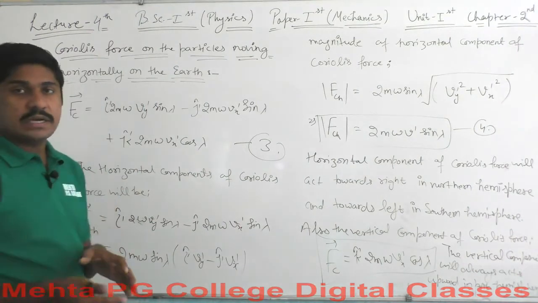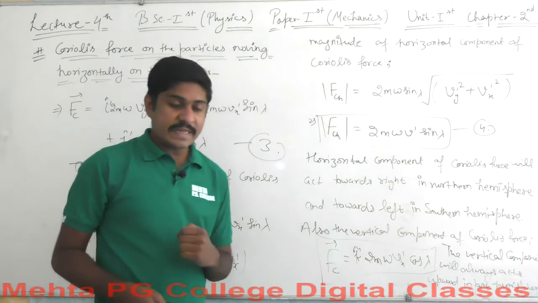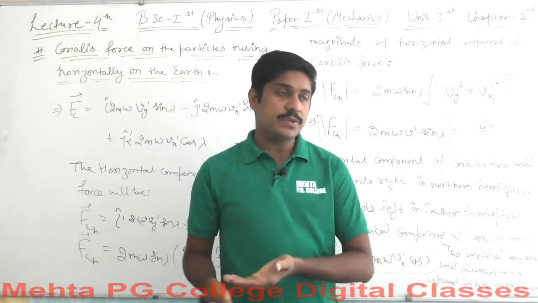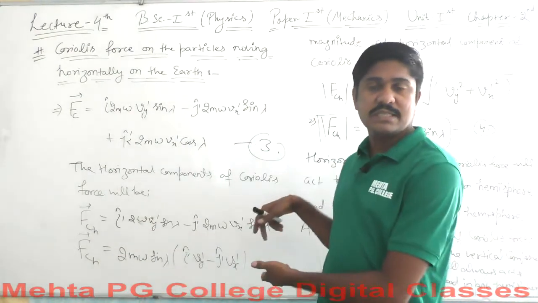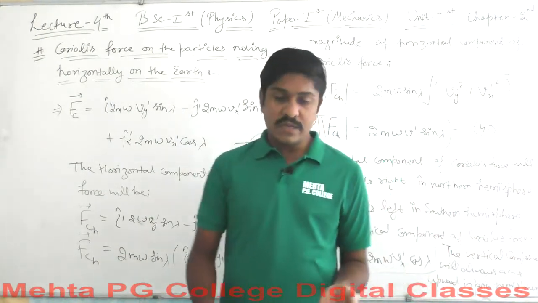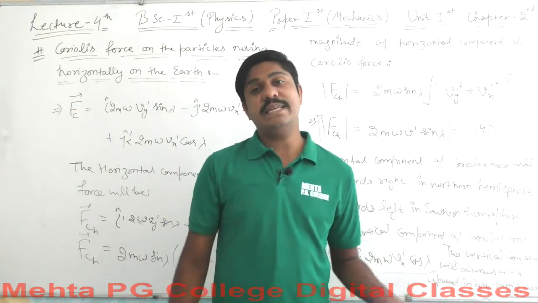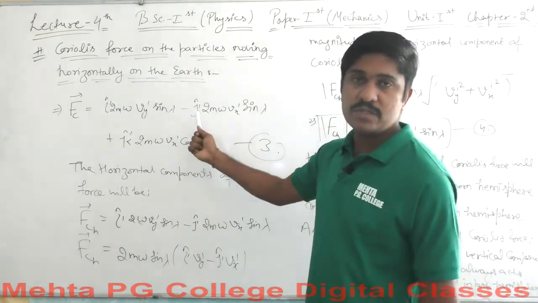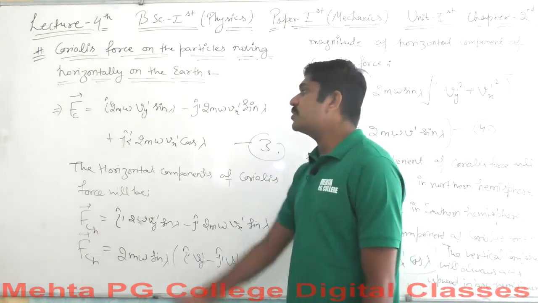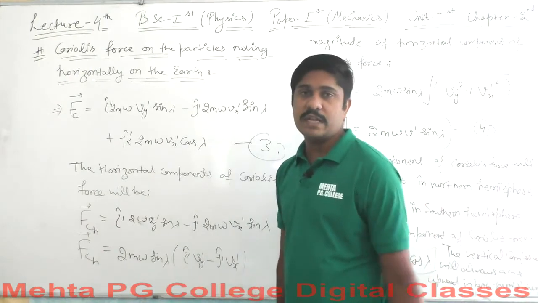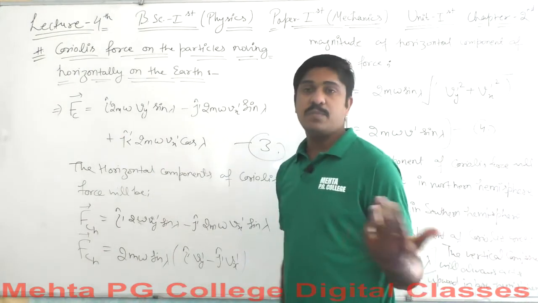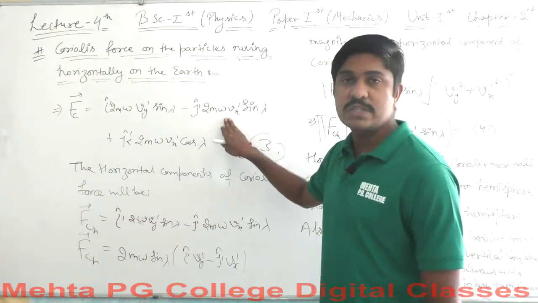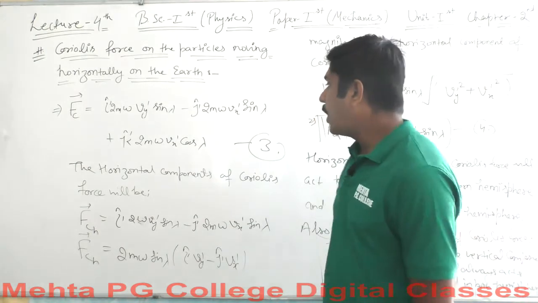If anything is moving in this direction, the horizontal component will work as has been discussed, and the vertical component will always keep working in the positive z direction, the k cap direction. For the southern hemisphere it is the left part because this is the minus j cap, and for the northern it will go to the positive or right side because this is the positive component of i dash cap.